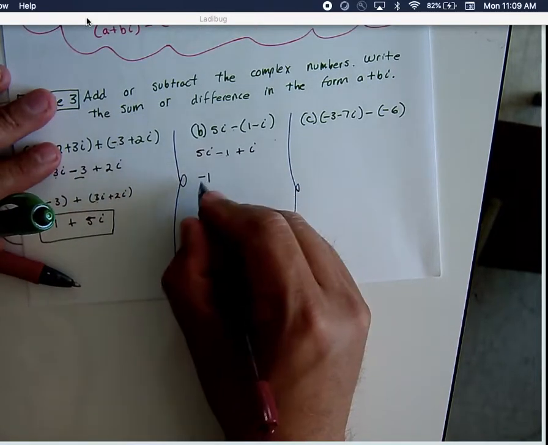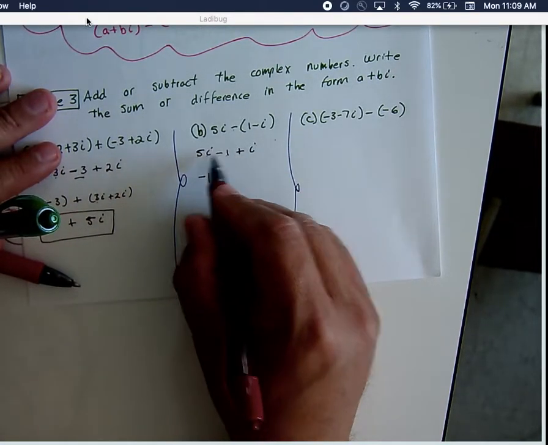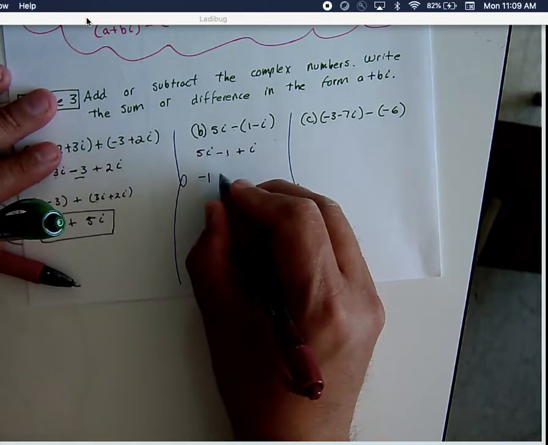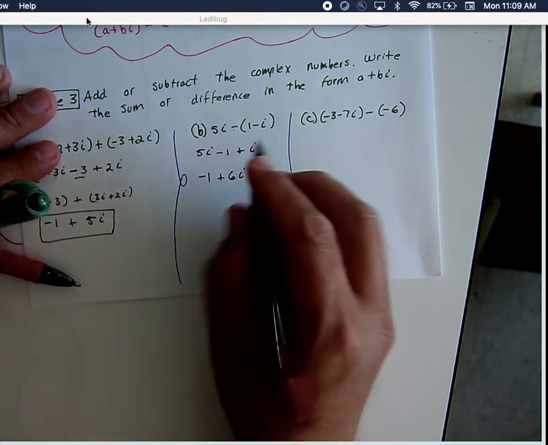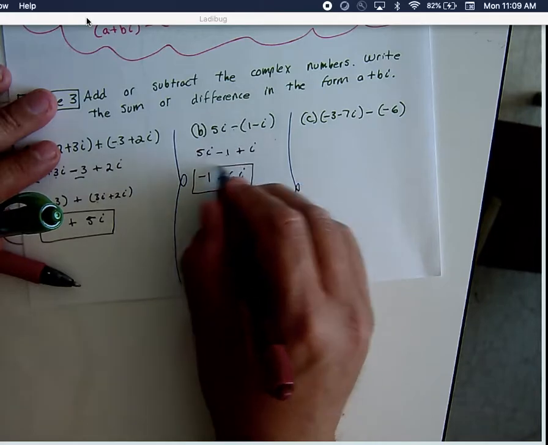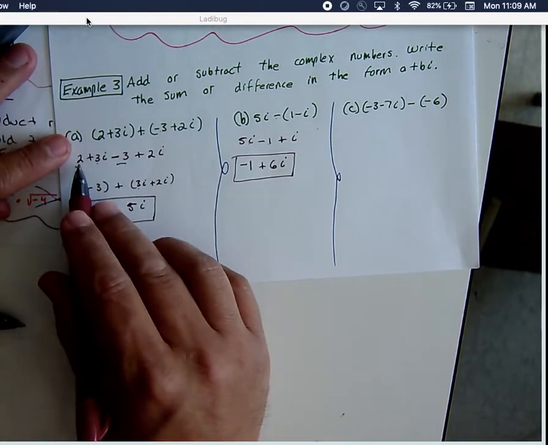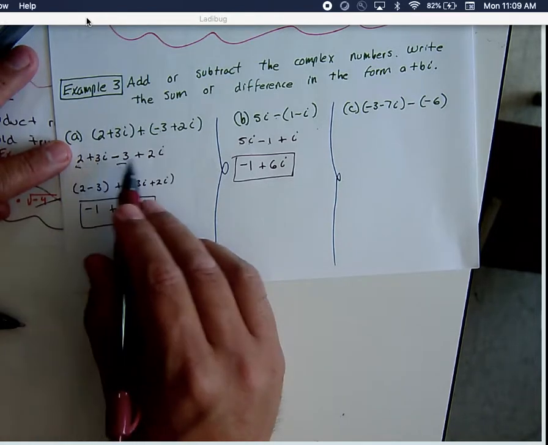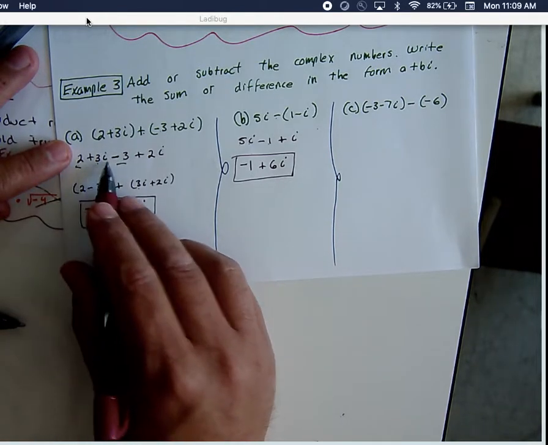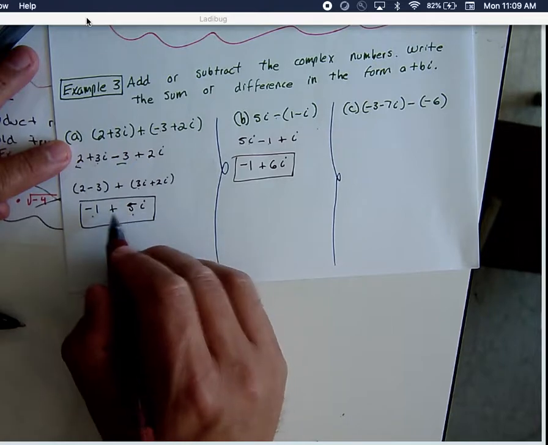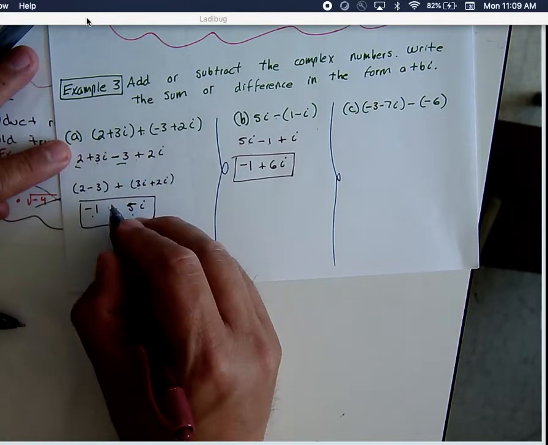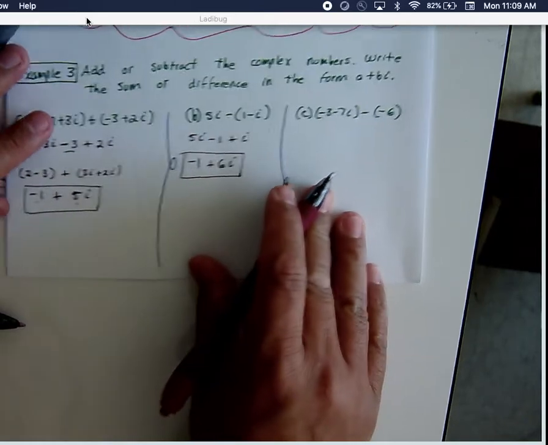The negative 1 in front, the number, and then 5i plus 1i gives you 6i. And that would be the answer. So again, this one you could have just done 2 minus 3 would be negative 1, 3i plus 2i would be 5i, positive, right? Because they're both positive. That's all you need to do.